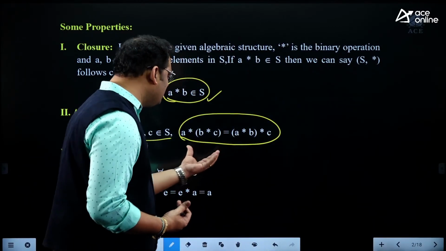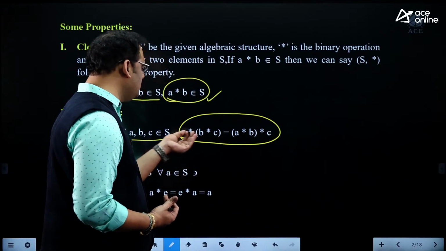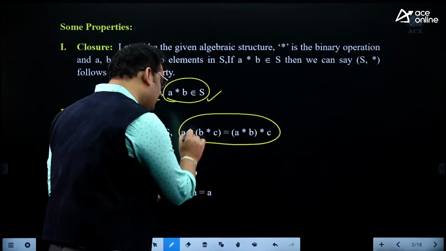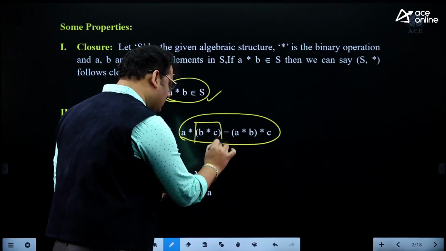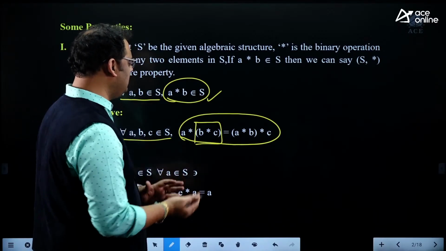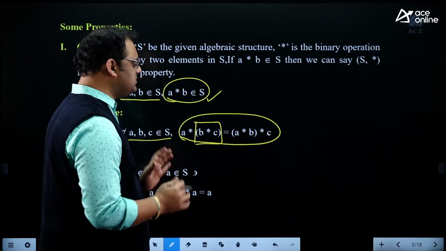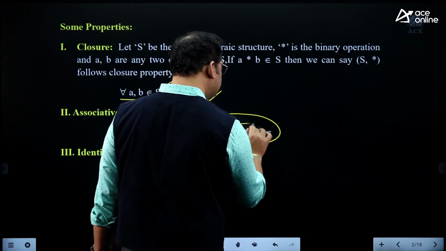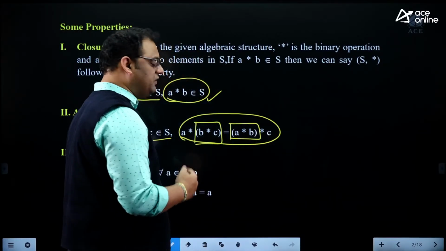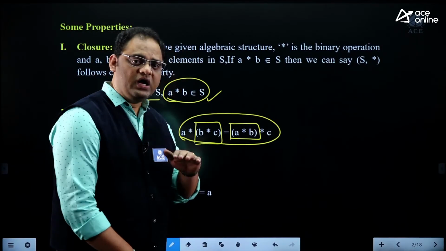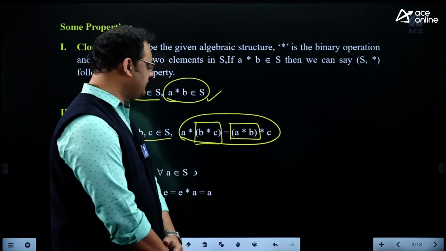You can do a star b first, or you can do b star c first, whatever is in the bracket. I am talking about this: b star c first, and after that a star (b star c), which is the same as (a star b) star c. So it follows like this. Then we can say that the given algebraic structure follows the associative property under the binary operation star.